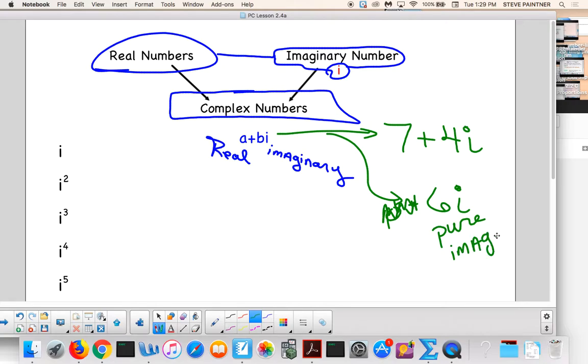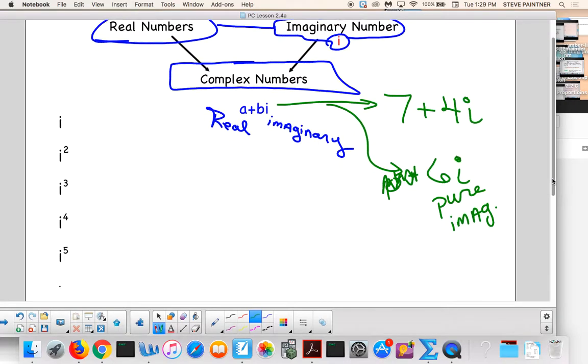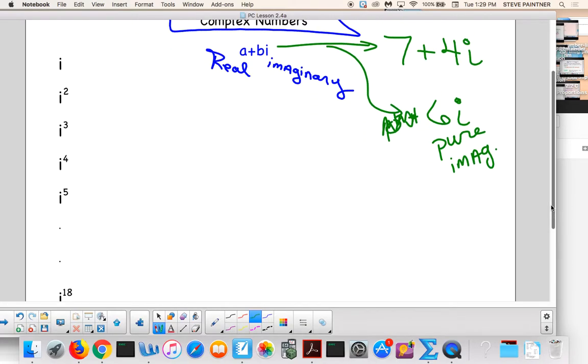Okay, good? All right, next, this is kind of weird now. Stay with me. If I didn't have this up here, if I said, what's the imaginary number, you'd say what? Would you say i? If I say, what's the imaginary number? You'd say i. Okay, and then I say, okay, well then take i and square it.